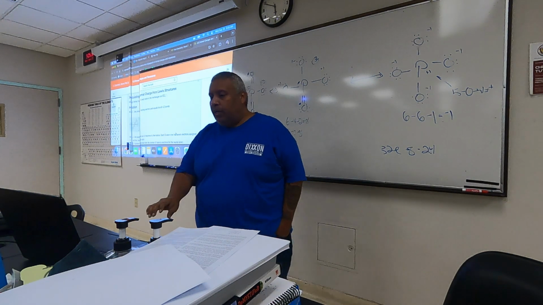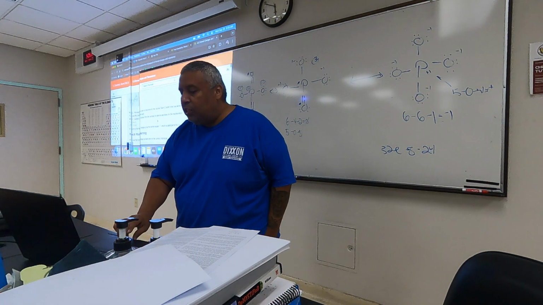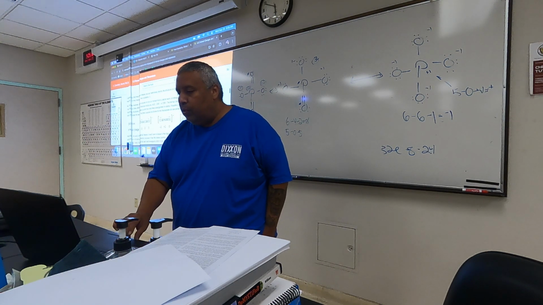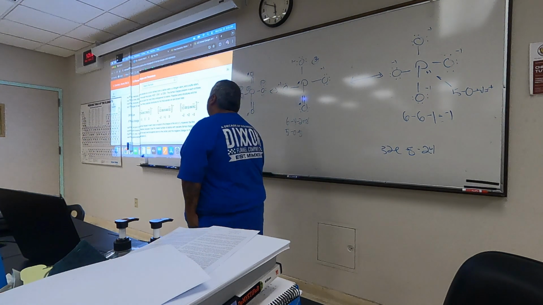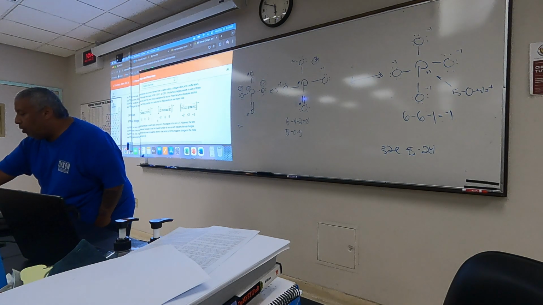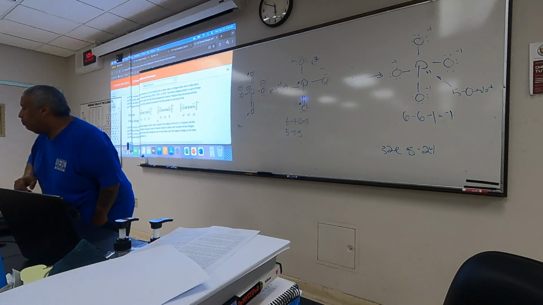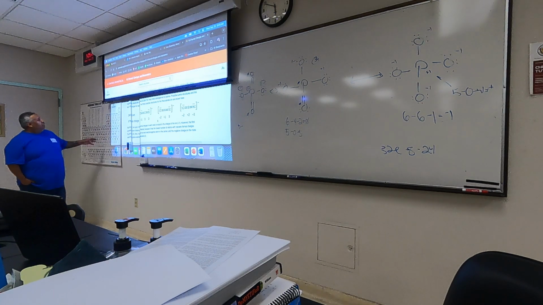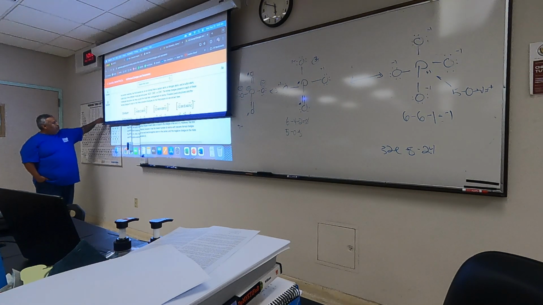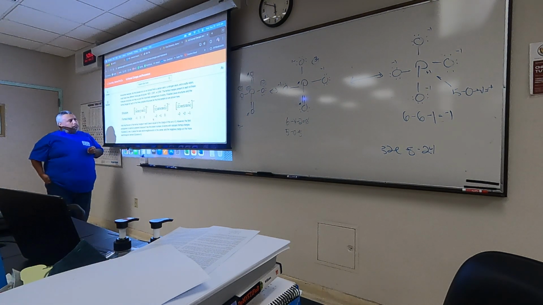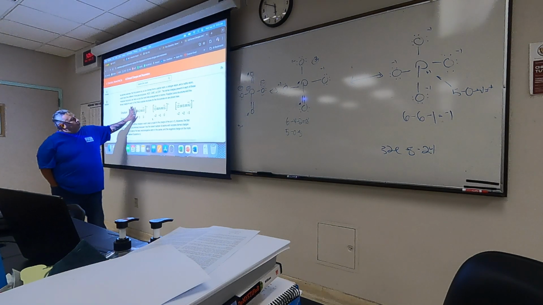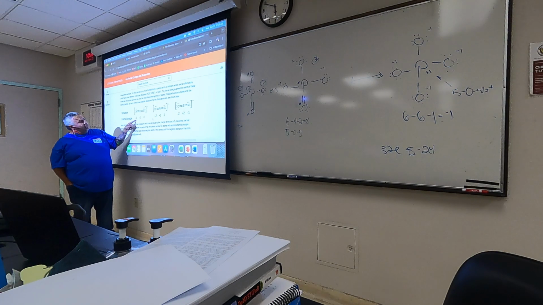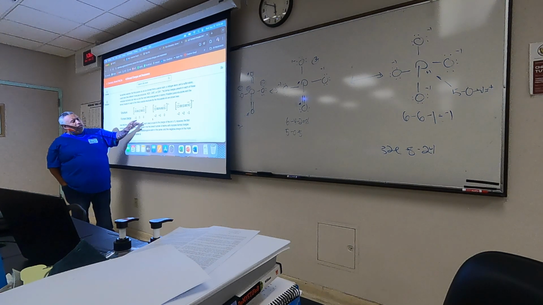So we do want to consider formal charges each time we are drawing any Lewis structures. Here we have some other structures, and they're all resonance structures: nitrogen, sulfur, carbon. If we put these together, we can see that nitrogen is negative over here, and then we have carbon, oxygen.